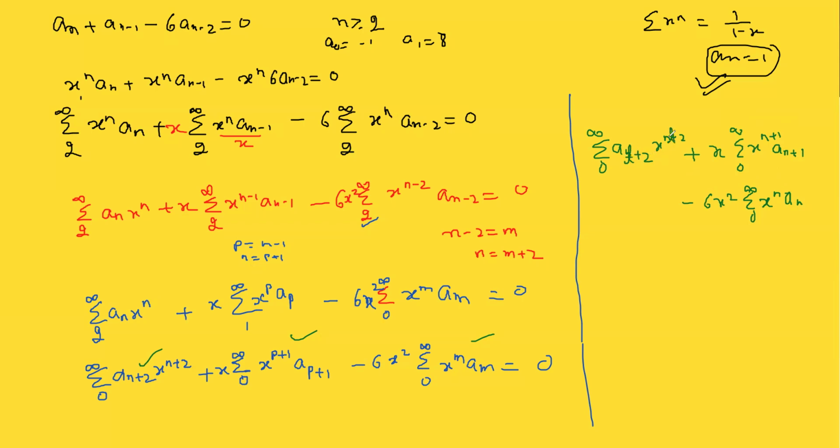This is a dummy variable. You can change everything into t. Okay, no problem. Because this is a dummy variable, the effect of this is not so strong. Okay, and this is gx. This is x plus gx, and this is 6x square gx.